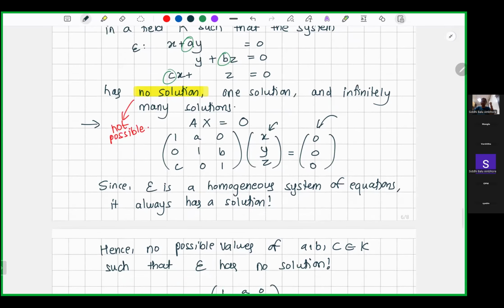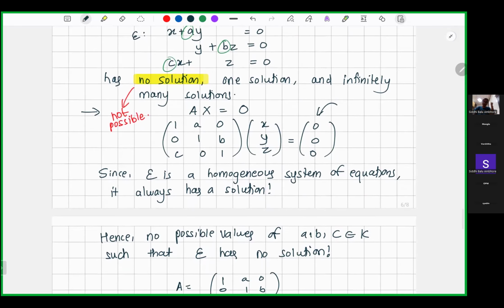I want to find x, y, z such that it satisfies: x plus ay is equal to 0, y plus bz is equal to 0, and cx plus z is equal to 0. This system must have a solution, and it does not matter whatever a, b, c are. This 0, 0, 0 will always be a solution.